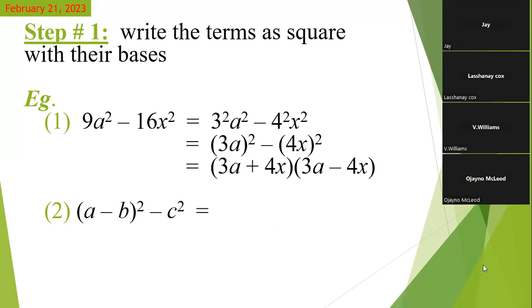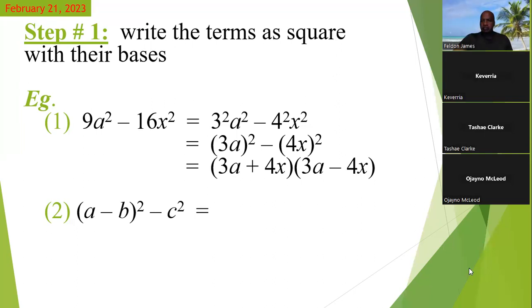Mr. Ojeno, do we have a difference of square? Yes, sir. Why do you say that? Because you have c square and you have a minus b in brackets squared, so that would have two square terms in it, sir.